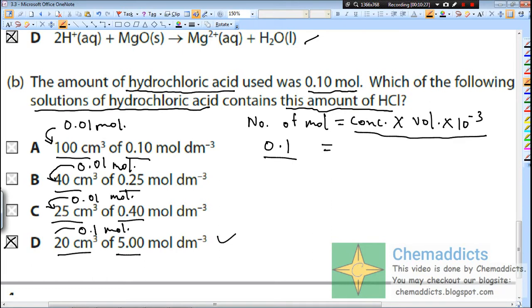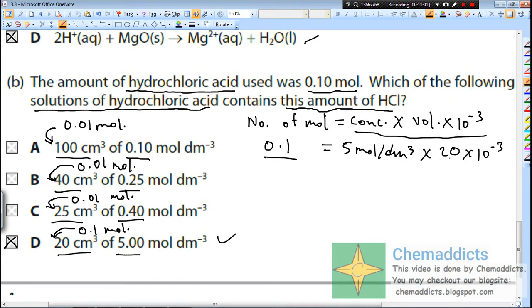Since if we multiply this volume with the corresponding given concentration, then we're going to get the number of moles. Let's have a check. Concentration in mole per dm cube multiplied by volume, which is 20 into 10 to the power minus 3.